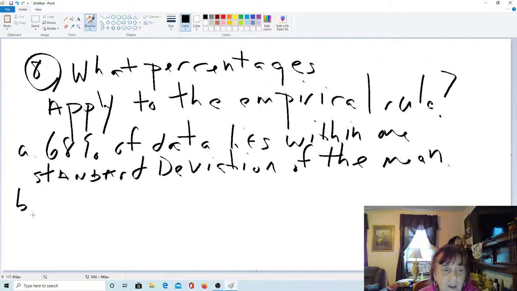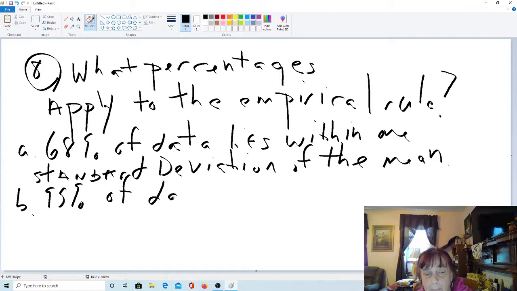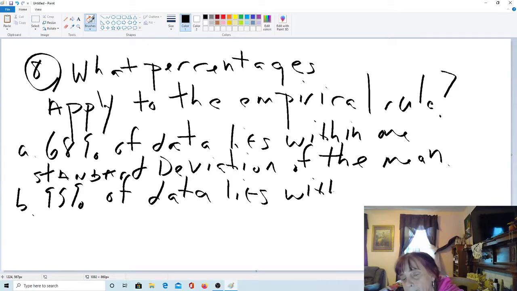B, 95% of data lies within 2 standard deviations of the mean.